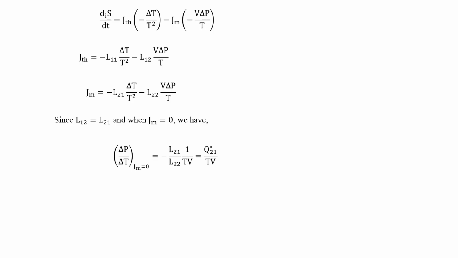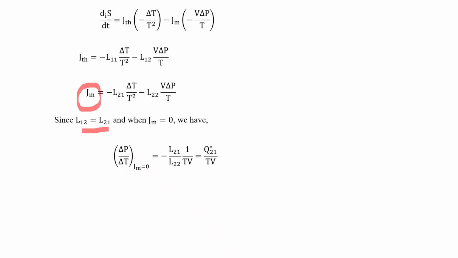So based on a reciprocal relationship, the reciprocal coefficients will be equal to each other. So L12 will be equal to L21. So obviously at that juncture, when Jm is equal to 0, suppose there is no rate of flow of matter. This is the mechanocalorific effect concept.